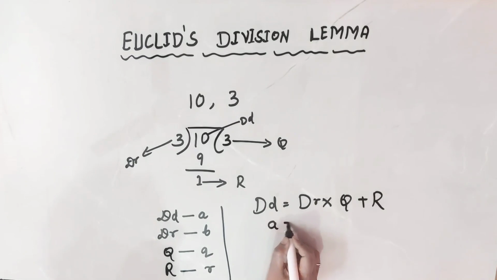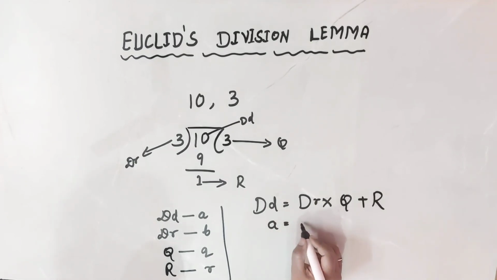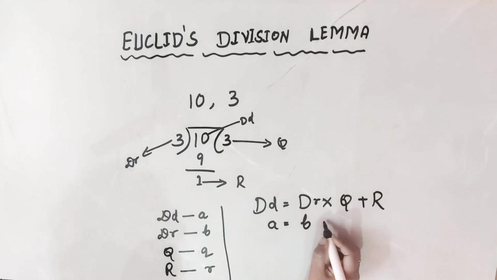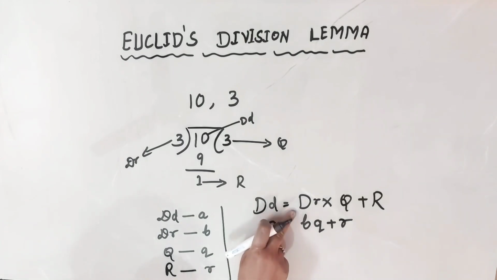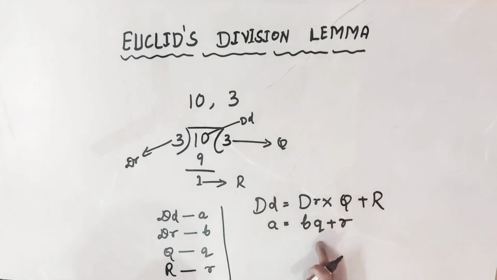A is equal to, what is the divisor? B. What is the quotient? Q, and the remainder is R. I hope you are following what I am saying. A is equal to BQ plus R. Here A is the dividend, B is the divisor, Q is the quotient, and R is the remainder.